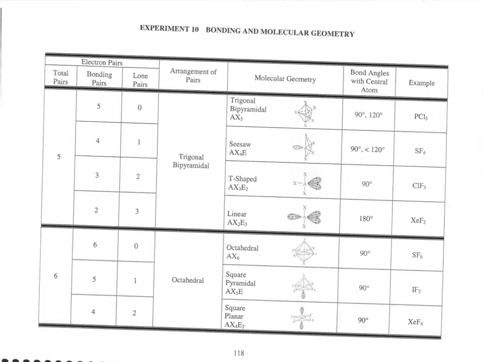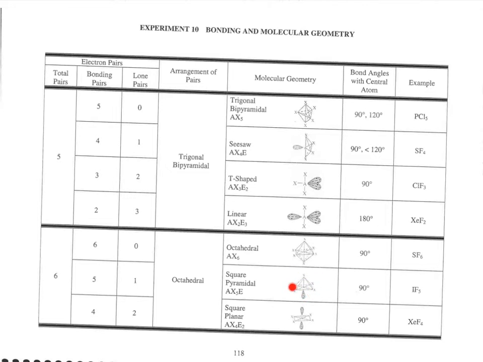First, AX6, no lone pairs, 6 bonding pairs. It is octahedral. The bond angle here is 90 degrees for adjacent bonds. An example is sulfur hexafluoride. But when we have 1 lone pair, because each position is equivalent, it doesn't matter where to put it. We put the lone pair here.